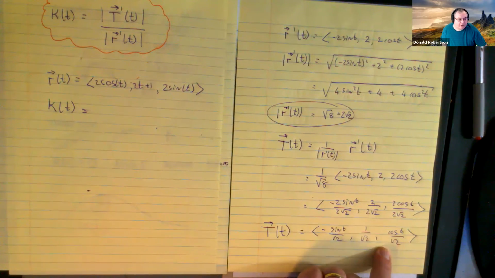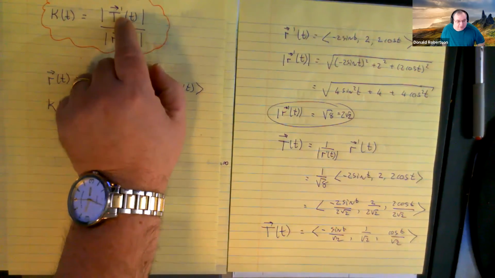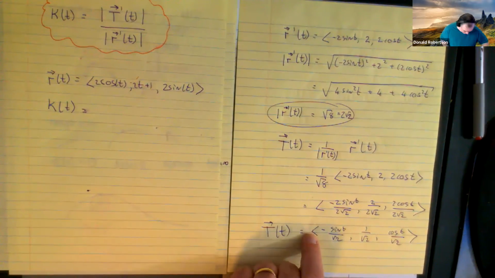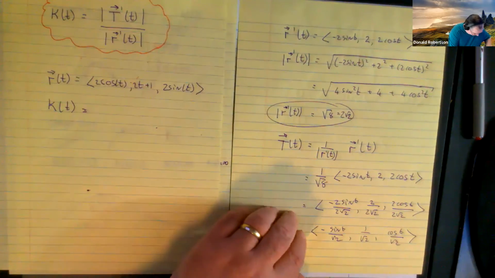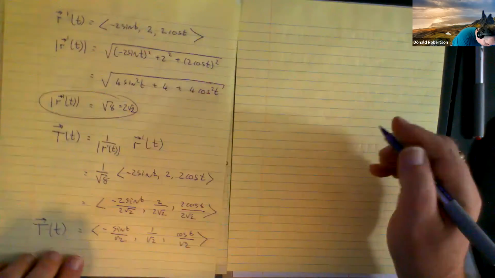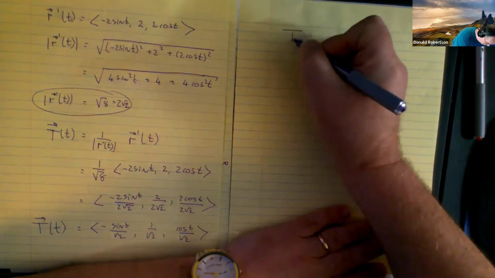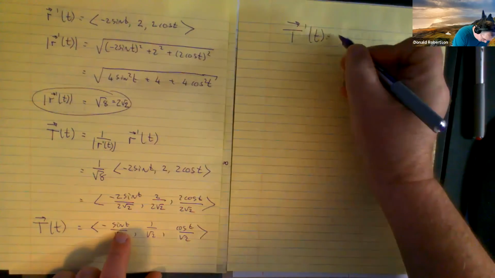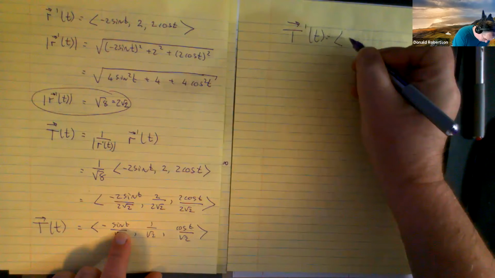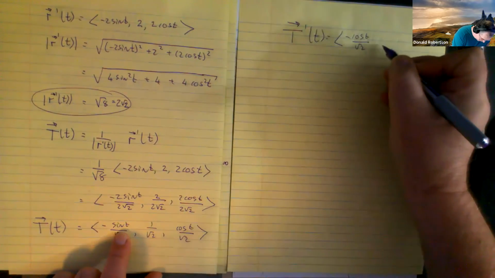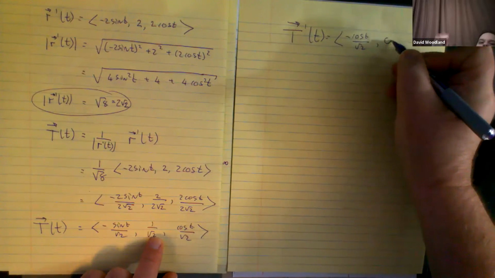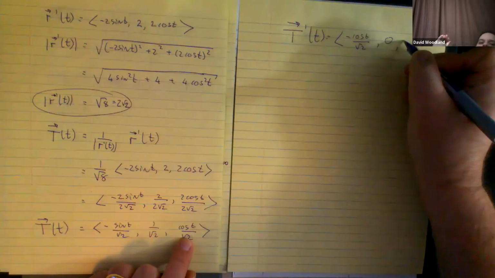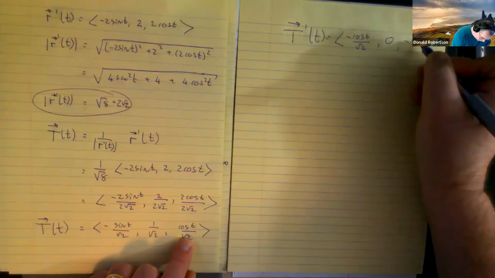Well, the formula says differentiate this guy and then find the magnitude. So that's where I'm up to now. If you differentiate the unit tangent vector, this guy here will get you negative cosine t over the square root of 2. This guy here will get you nothing. And this guy here will get you negative sine t over the square root of 2.